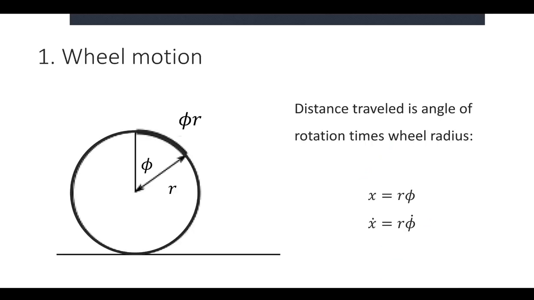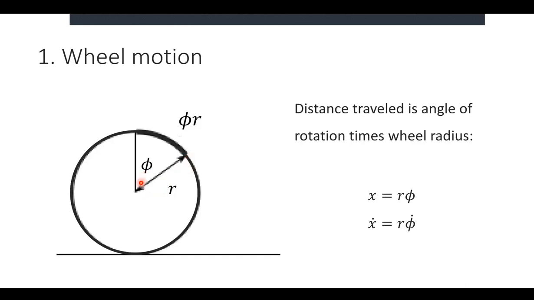Okay, so here's a graphical representation of this, and I can figure out the length of this arc, because this is how far I've moved on the ground with just those two values. Here we're going to use phi to denote the rotation, so the angle that I've rotated is phi in radians, and we're going to use lowercase r to denote the radius of the wheel.